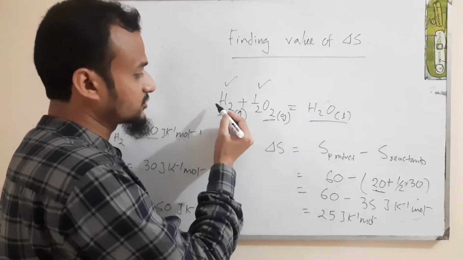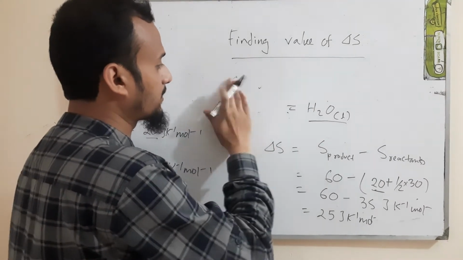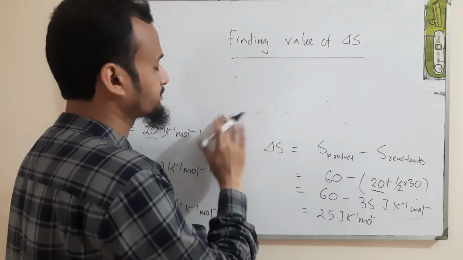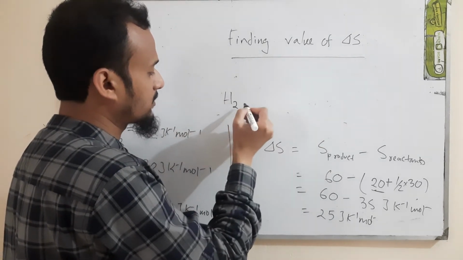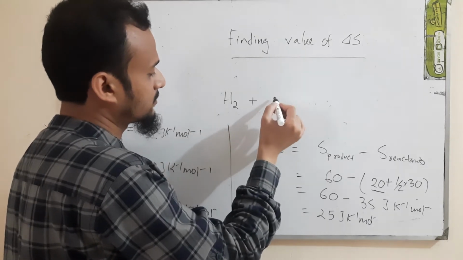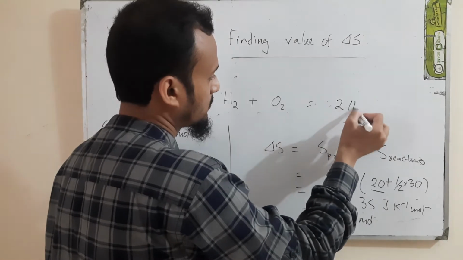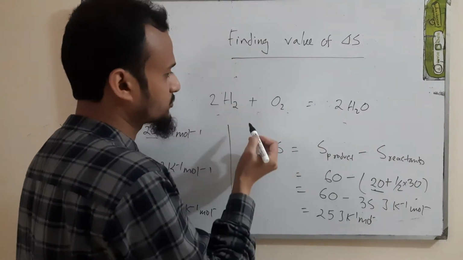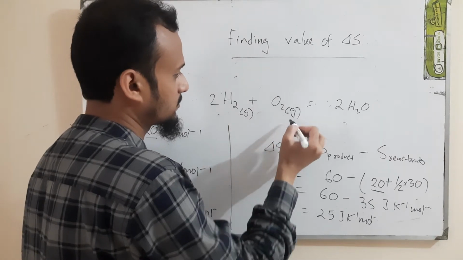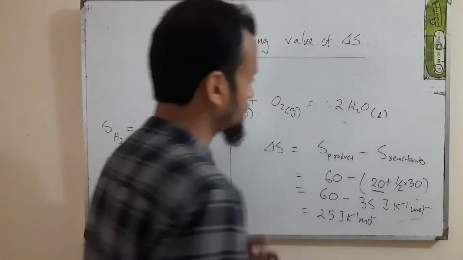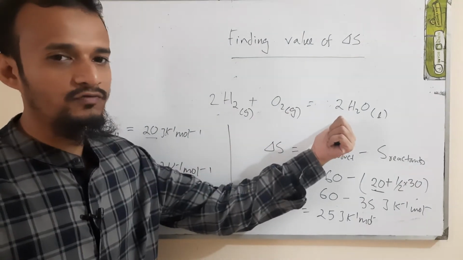So if it is another equation, for example, H2 plus O2 giving liquid water, this is the same reaction with different moles, right? You're producing 2 mole of water.